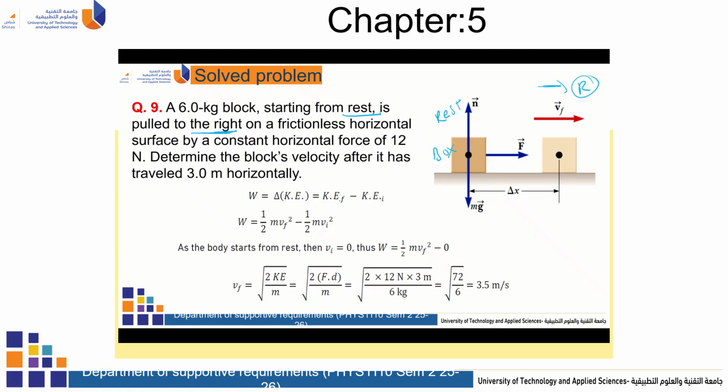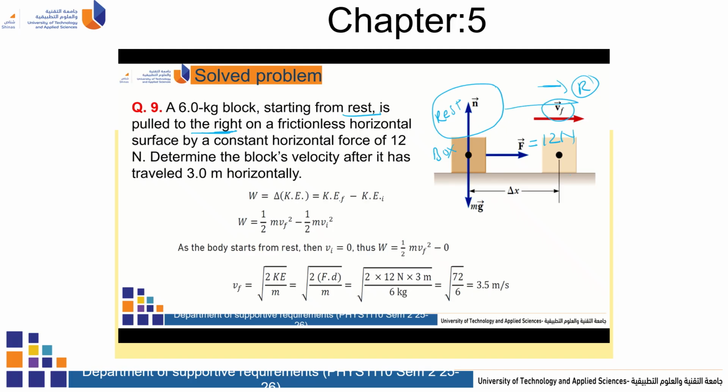It is pulled to the right side on a frictionless horizontal surface by a constant force of 12 Newton. This is the force applied on the box, and the value given is 12 Newton. Determine the block's velocity after it has traveled 3 meter horizontally. The box started from here and shifted up to here.